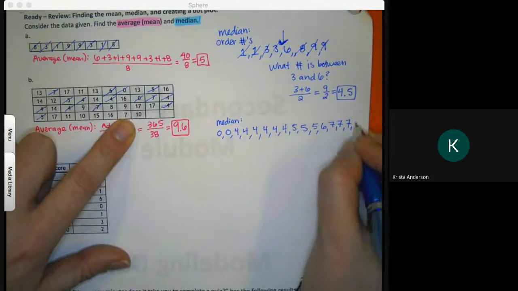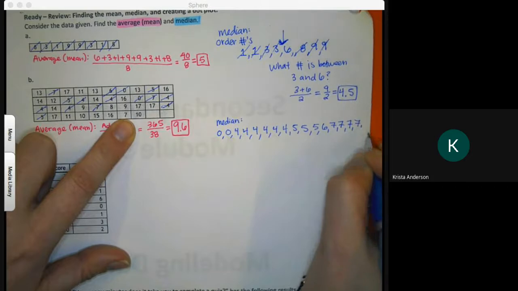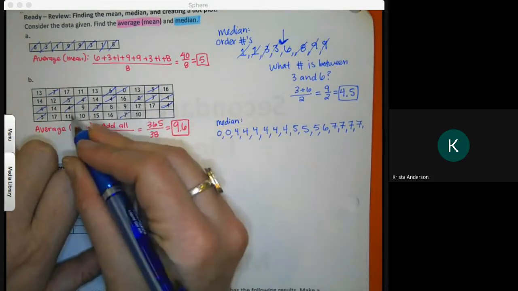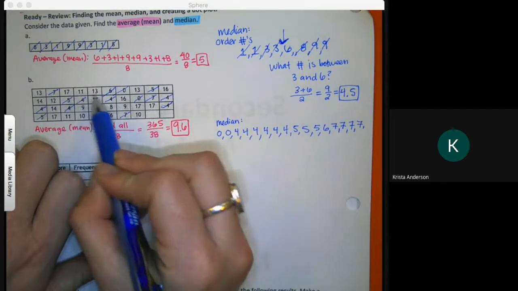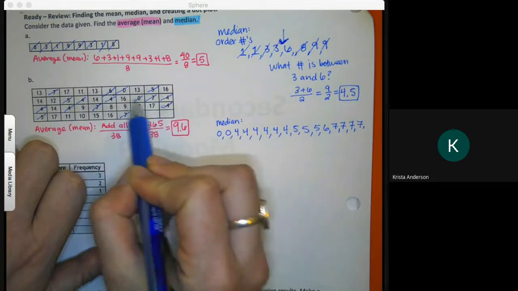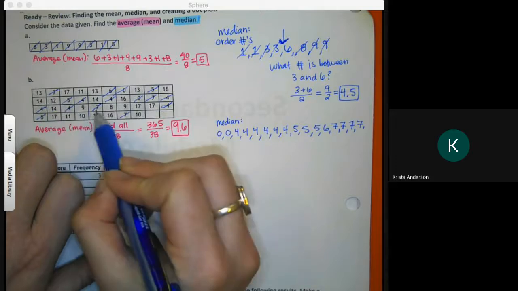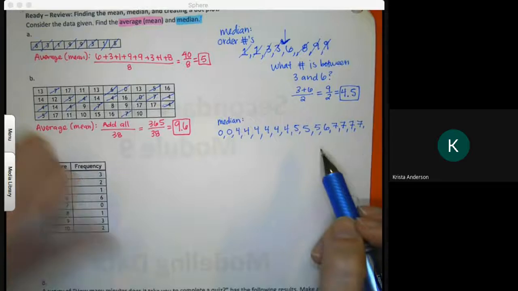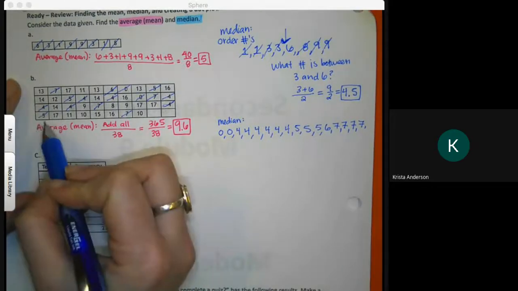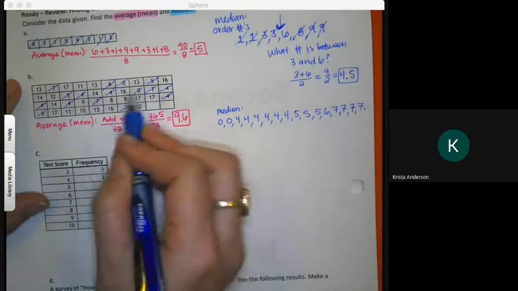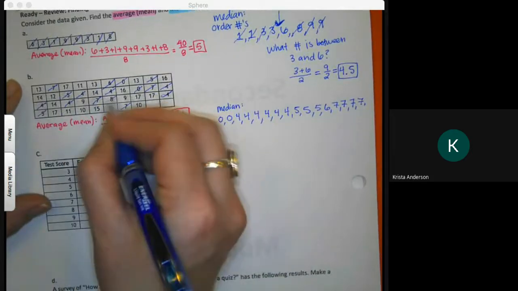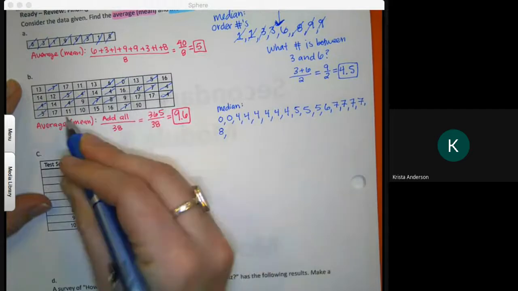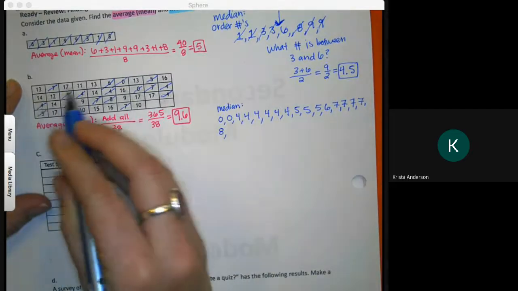I'm gonna run out of room, so let's see. Okay, now I'm gonna go to 8s. There's an 8. Now I'm gonna go to 9.